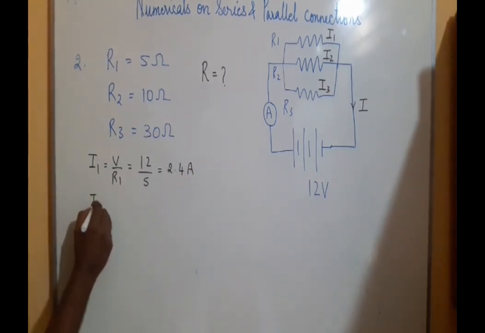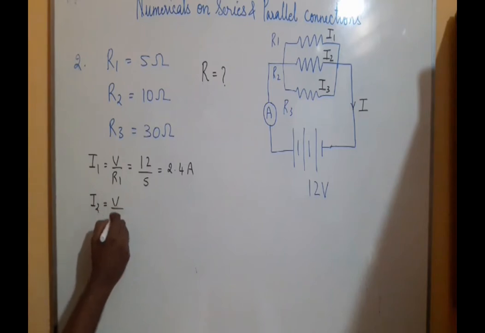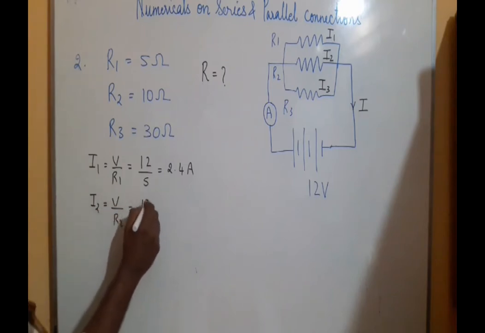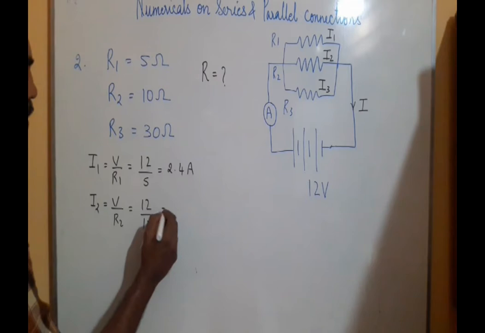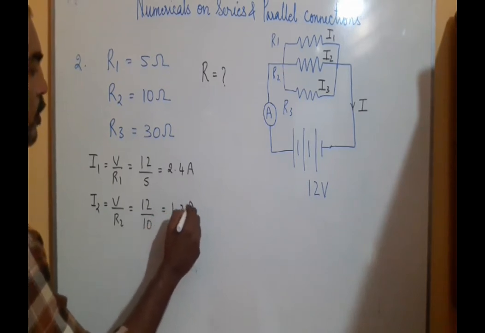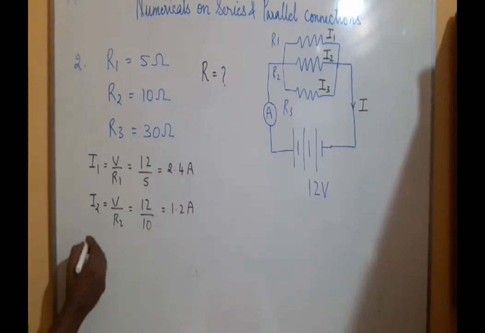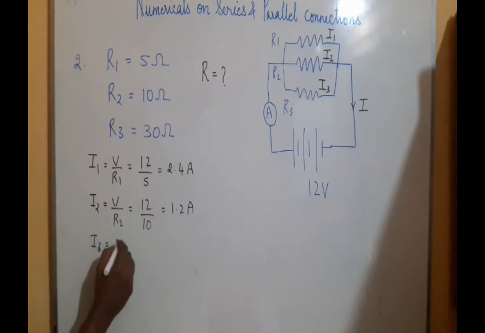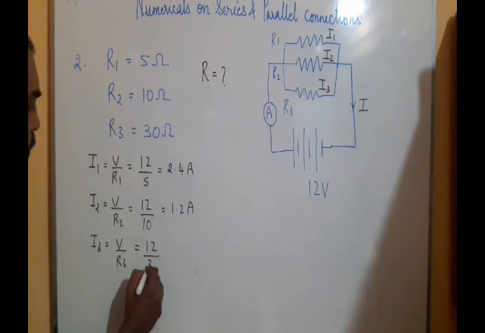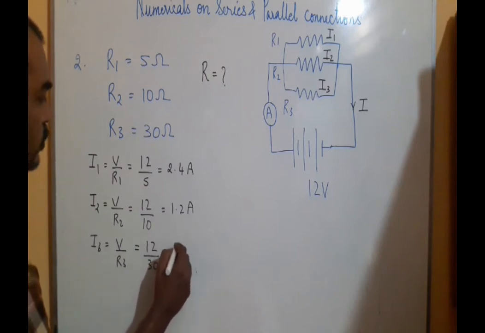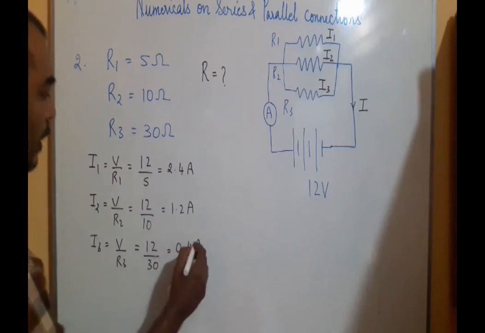Similarly, I2 equal to V upon R2 equal to 12 upon 10 equal to 1.2 ampere, and I3 equal to V upon R3 equal to 12 upon 30 equal to 0.4 ampere.